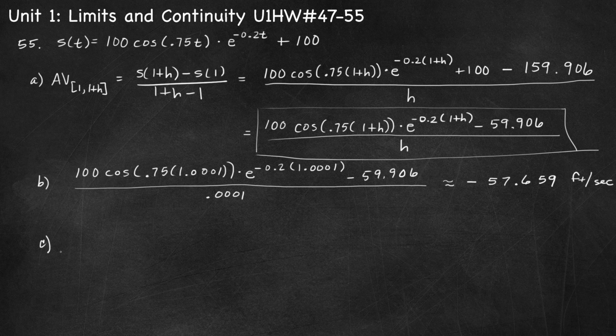Part C, what is the meaning of the value of the limit from part B? What are the units? So we talked about the units, and this is going to be her average velocity, or it's an approximation. Well, our calculation in part B was the average velocity from time t equals 1 second to t equals 1.0001 second.